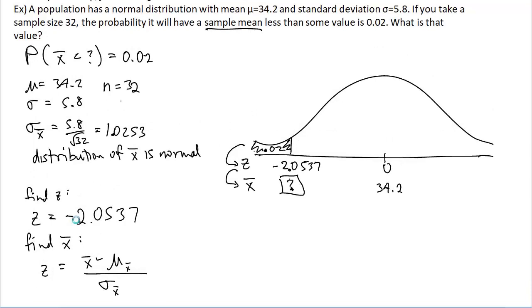So it would be more helpful to turn this formula around and get x-bar equals something. First, we multiply both sides by sigma x-bar, which gives us z times sigma x-bar. Then we move the mu to the other side by adding. So what you wind up with is mu for x-bar plus z times sigma for x-bar, and that equals the x-bar value that we are interested in. You can use either one of these formulas, but it's easier to use the second one.